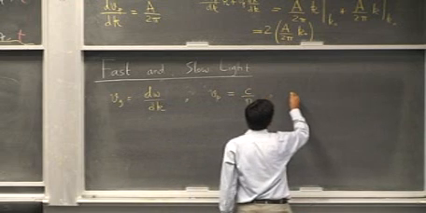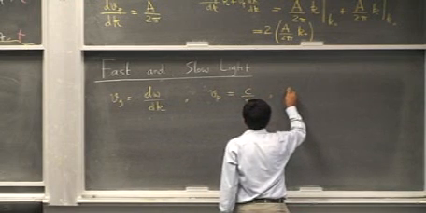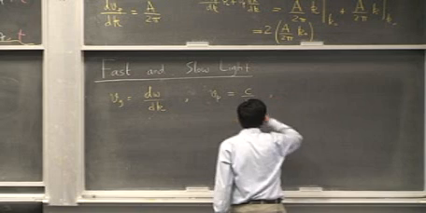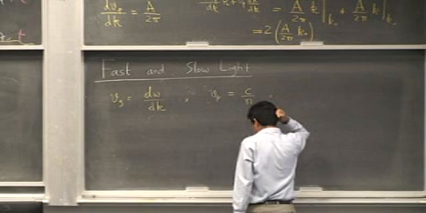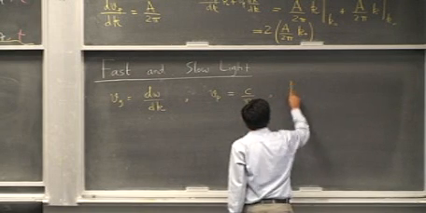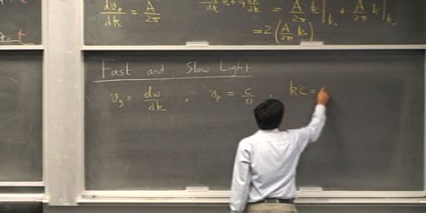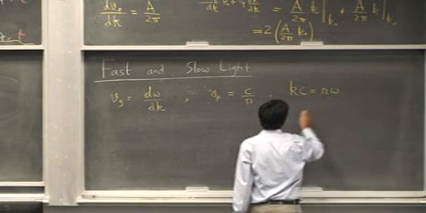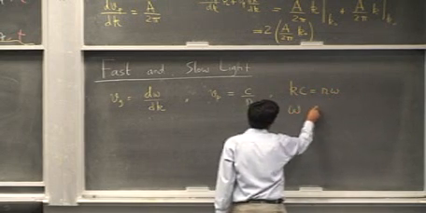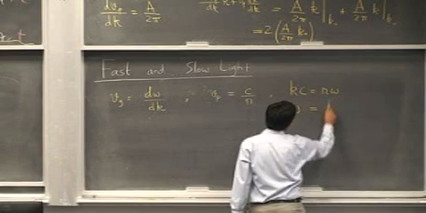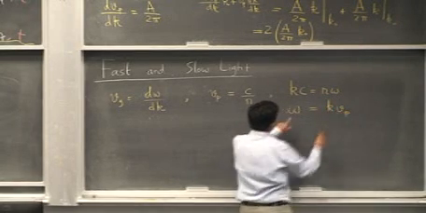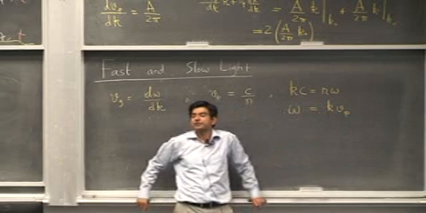And we also know that kc is n omega. Omega is kVp, right? We know omega is kVp.